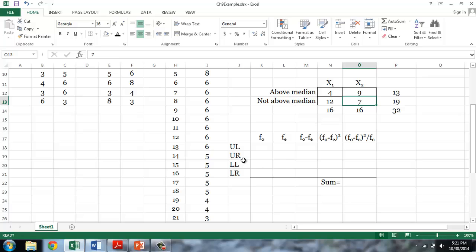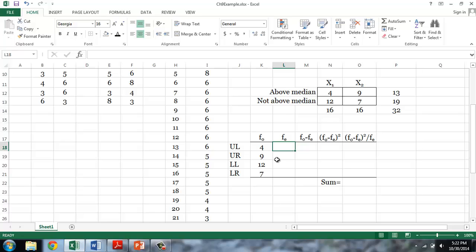You can label these in your table however you'd like. First, for our observed frequencies, we simply copy the values from our crosstab. Next, we calculate expected frequencies.